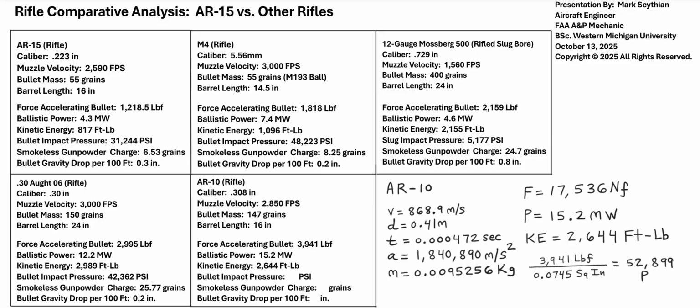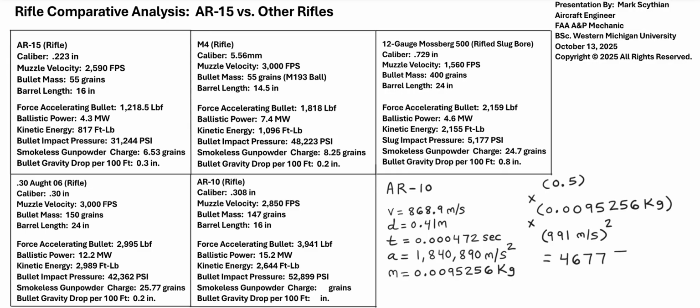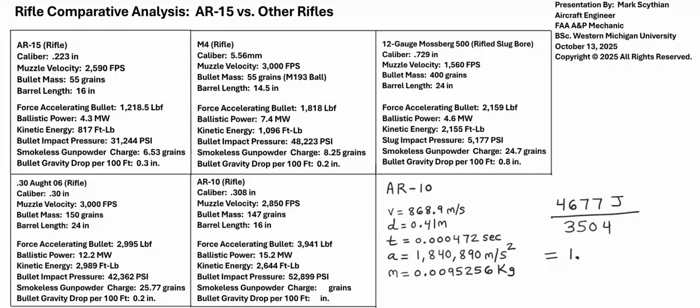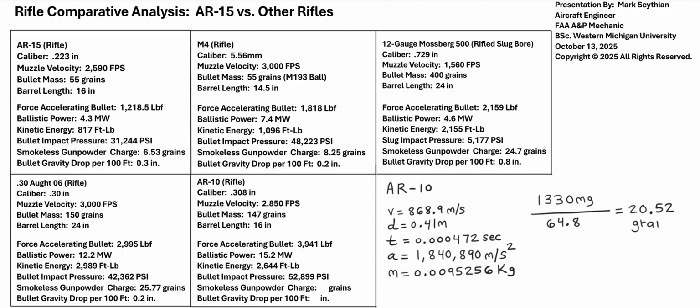So there's a 52,899 psi bullet impact pressure with the AR-10, and then second to last, we have to calculate the smokeless gunpowder charge per shell. And so this comes to 20.52 grains.